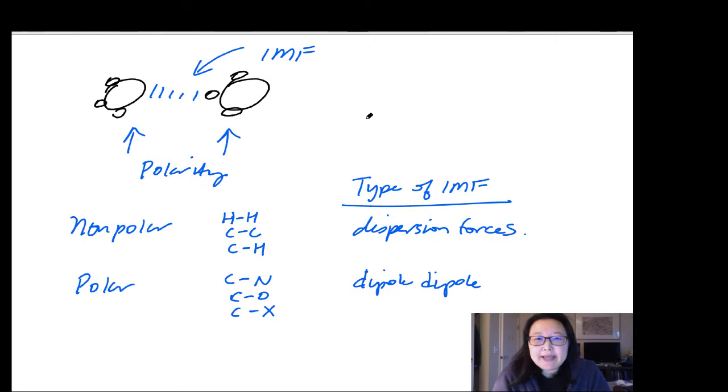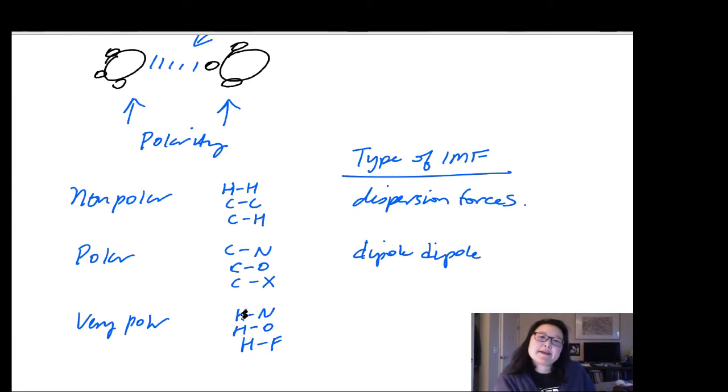There's an extreme case of when you have a very polar molecule. You're going to have an extreme difference in electronegativity. So these types of bonds here, nitrogen with hydrogen, oxygen with hydrogen, and fluorine with hydrogen, because those electronegativities are so different from each other, they're going to be even more polar bonds than usual. So in that case, what we see are IMFs called hydrogen bonds.